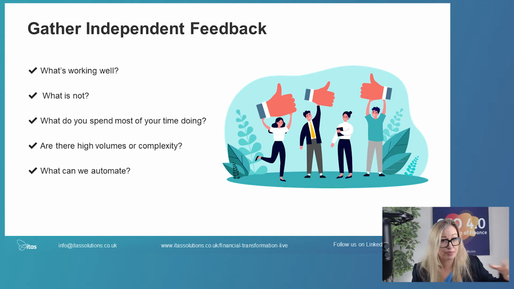Because that stops a lot of things. It stops one person taking charge of the conversation. It also stops individuals influencing people's view and feelings around something. So if you want honest feedback on what is happening, you do need to make sure that your feedback is gathered independently.